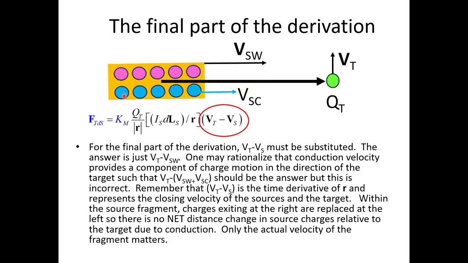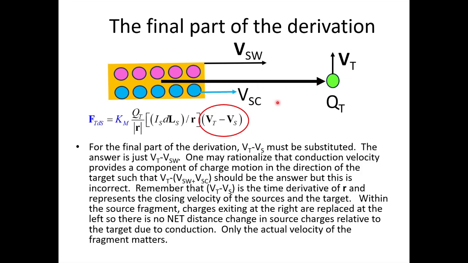Now, although these charges are moving toward the target, relative to this fragment here, this charge gets lost into the next fragment. So it's no longer counted as part of this fragment. Likewise, the charge from the fragment to the left pops into the left side here, and therefore the net gain of charge motion in this fragment is not actually materially gaining on the target fragment.